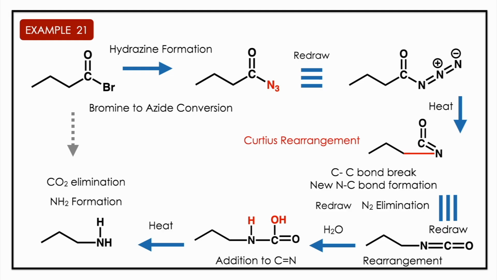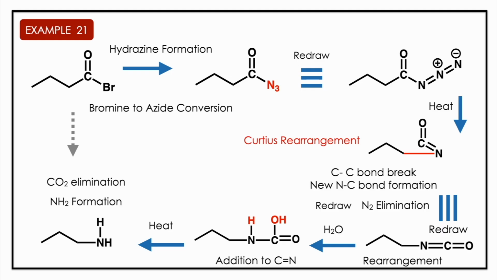Bromine is converted into N3 by nucleophilic addition and Br elimination. Then acyl azide is there, with the possibility of Curtius rearrangement. So we redraw the molecule with nitrogen. Then do the rearrangement, meaning the alkyl group migrates, N2 eliminates, forming isocyanate. If you redraw the molecule for quick understanding, the clear N=C=O bond is visible.